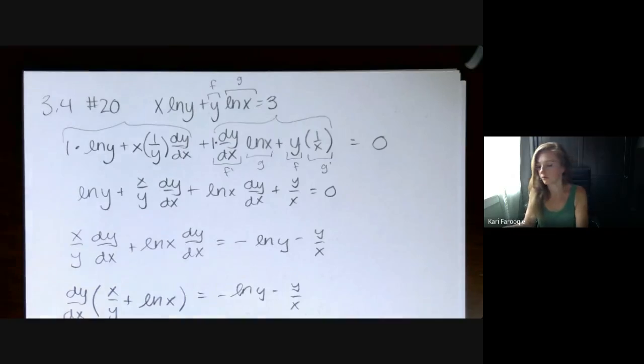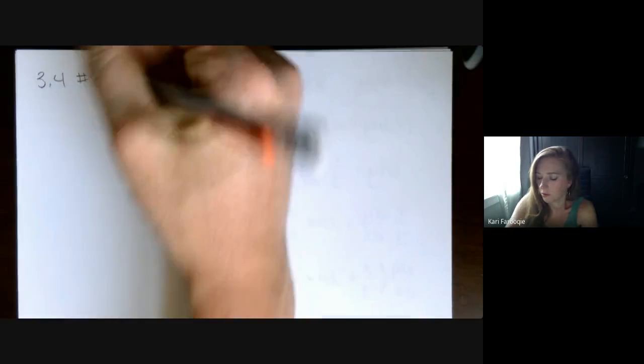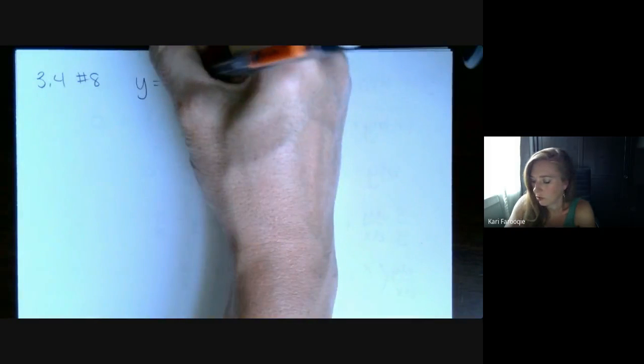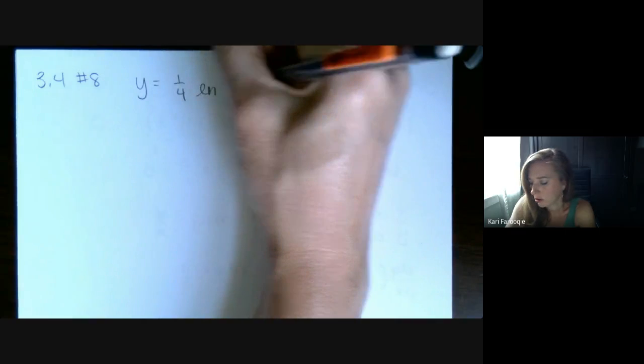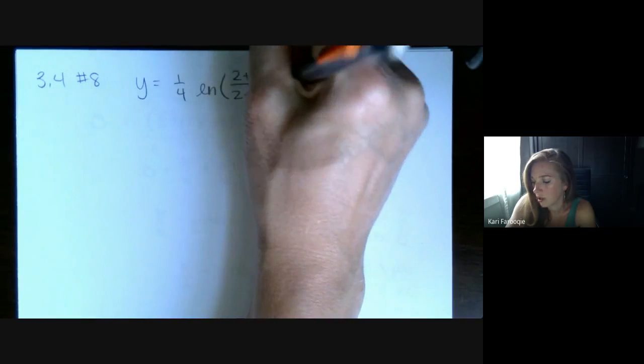Find the derivative. y equals 1/4 ln((2 plus x) divided by (2 minus x)).